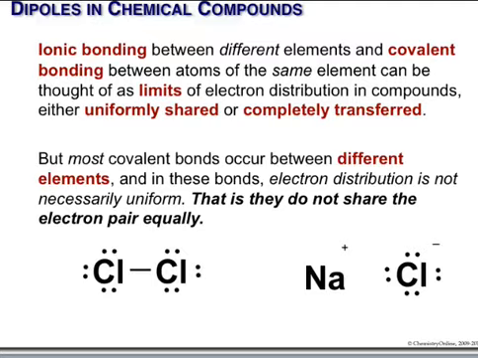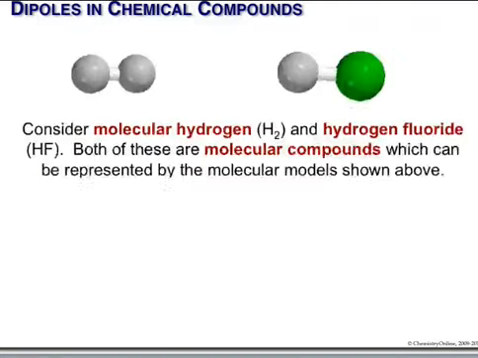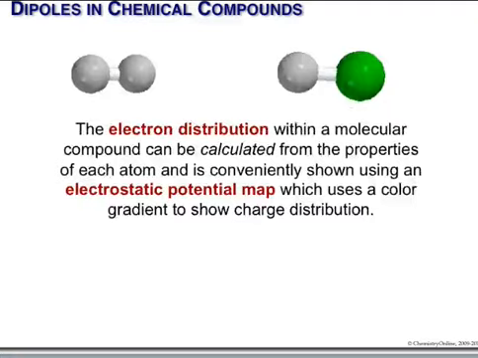Now, we're not going to talk a lot about this, but I just want you to understand the basic notions here. Let's look at 2 molecules, hydrogen and hydrogen fluoride. These are both molecular compounds. They both have covalent bonds. Okay? We can take H2 and calculate what's known as an electrostatic potential map for the molecule H2.